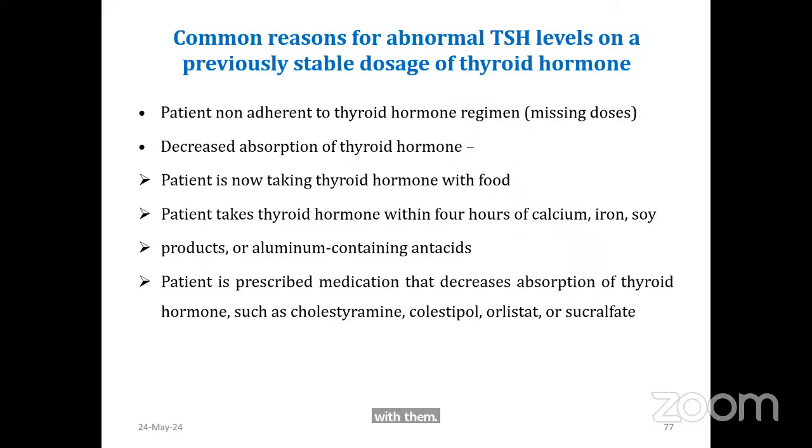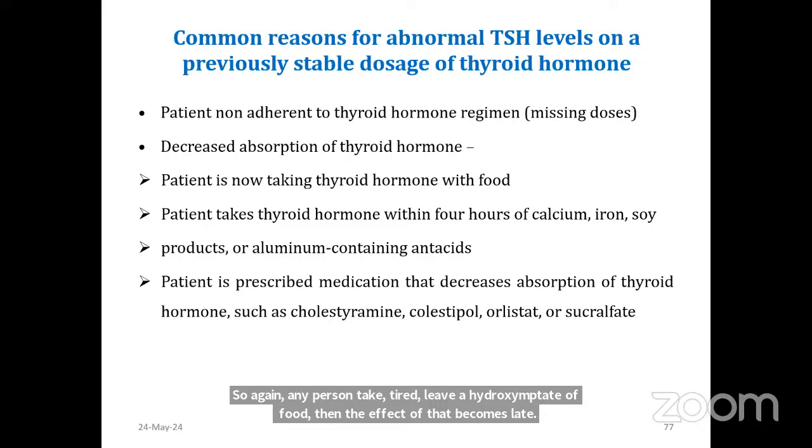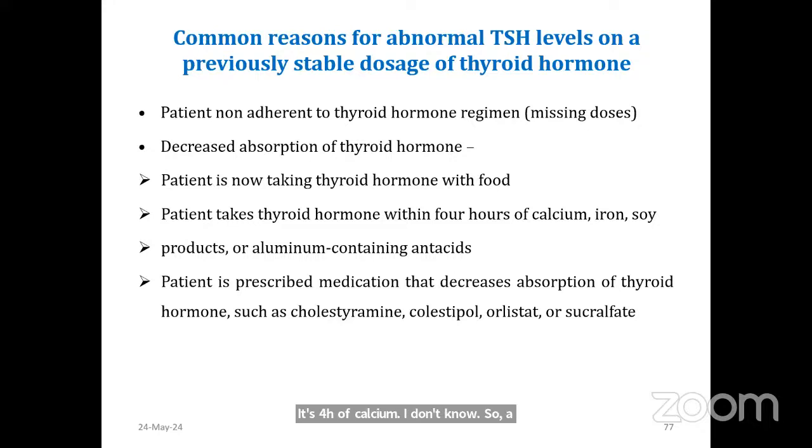Another factor is decreased absorption of the thyroid hormone. The patient may now be taking thyroid hormone with food. When any person takes levothyroxine with food, the effect of the drug becomes less. When the patient takes thyroid hormone within 4 hours of calcium, iron, or soya products, it also interferes with thyroid hormone functioning.